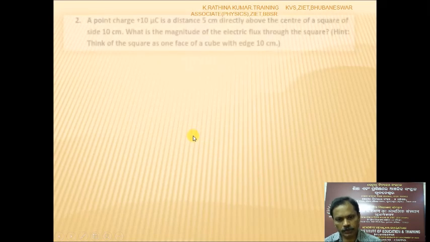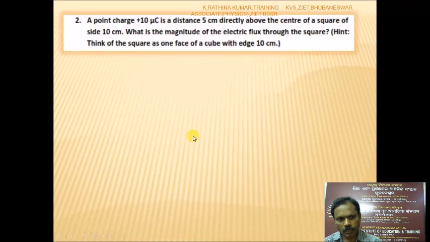The next question. A point charge plus 10 microcoulomb is at a distance 5 centimeter directly above the center of a square of side 10 centimeter. What is the magnitude of the electric flux through the square?